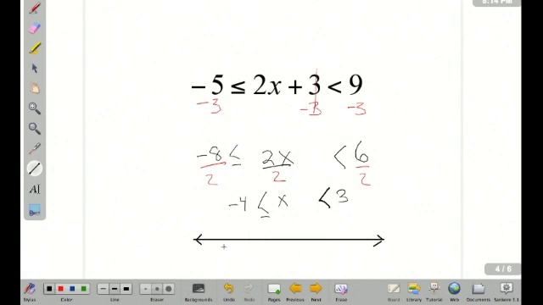my two numbers are negative 4 and a positive 3. The circle on positive 3 is open. This number is closed.